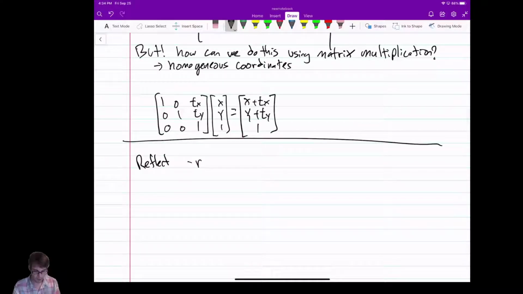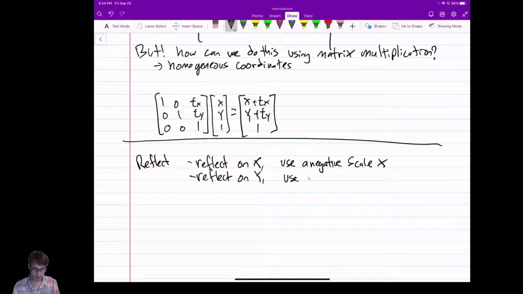Reflect. You can reflect on x, and you can basically do a negative scale. You can also reflect on y. Use a negative scale.